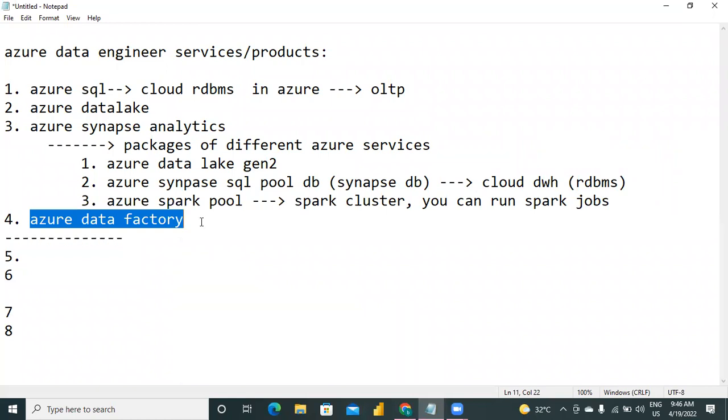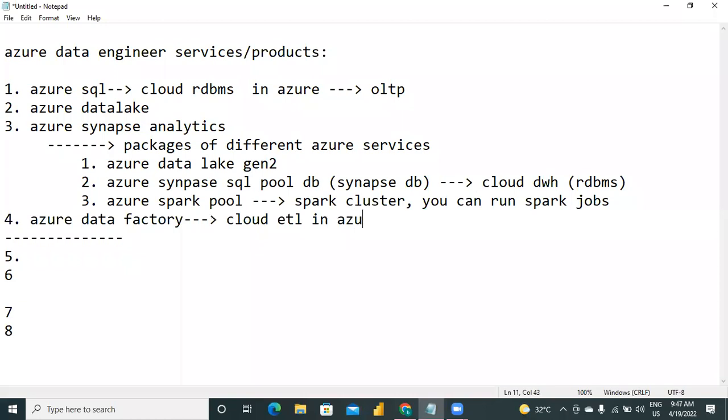So in rough terminology, Azure Data Factory is a cloud ETL in the Azure platform. But in fact, your work style is not ETL, your work style is ELT. What is the difference between ETL and ELT?